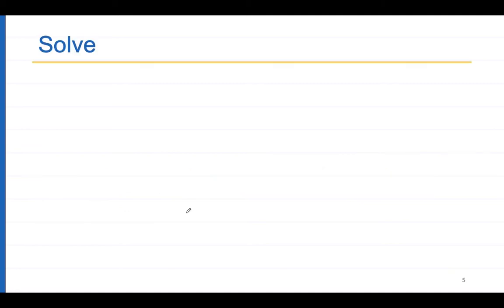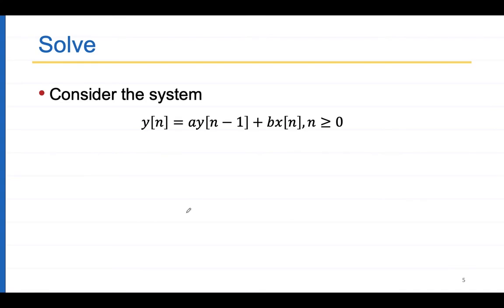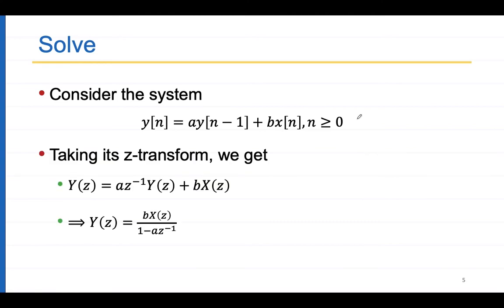We have to solve for y[n] for all n greater than or equal to 0. Consider this system where y[n] is dependent on y[n minus 1] and the current input x[n]. If I simply take the Z transform of this system, what do I get? I get Y(z) equals a times z inverse Y(z), right?